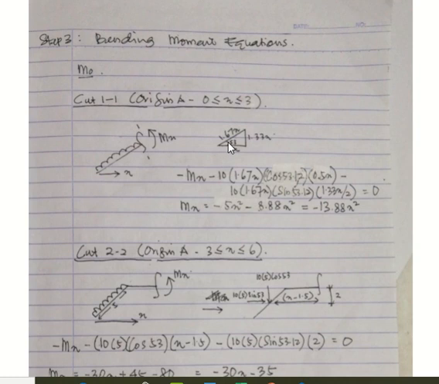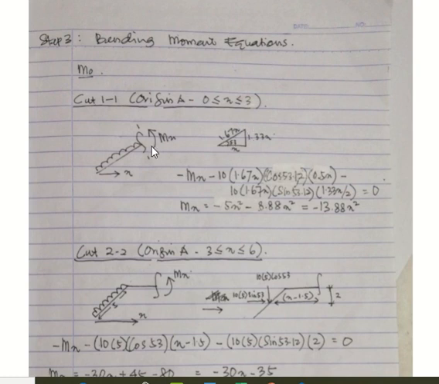When we have a 53.13 angle here, you consider tangent, you have 1.33x here, and you consider cos 53, so you have 1.67x here. This is a guide when you calculate the bending moment equation.